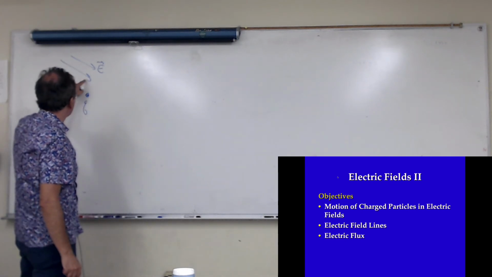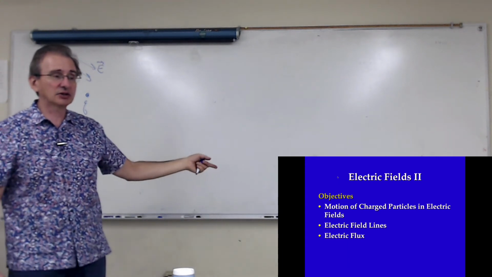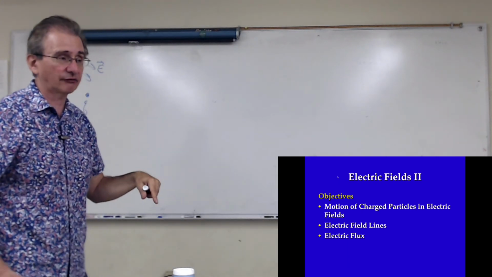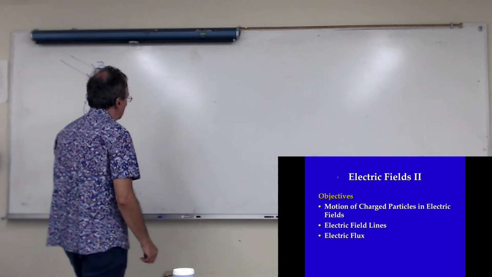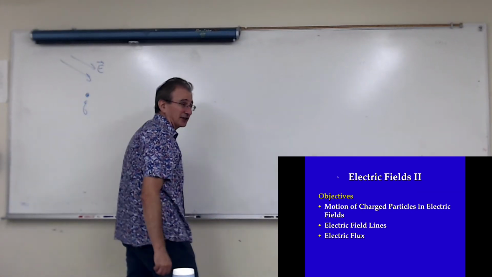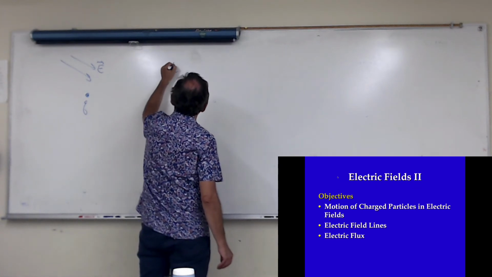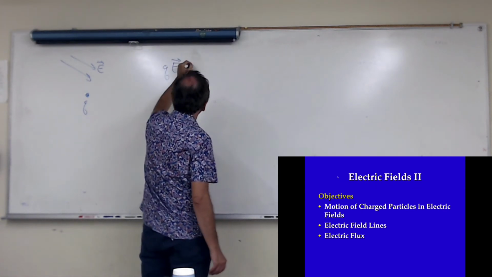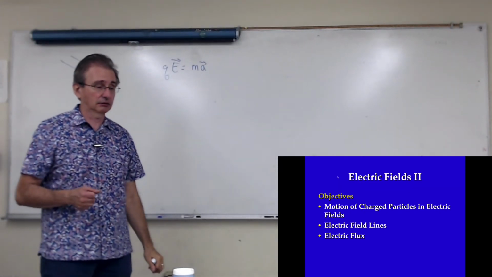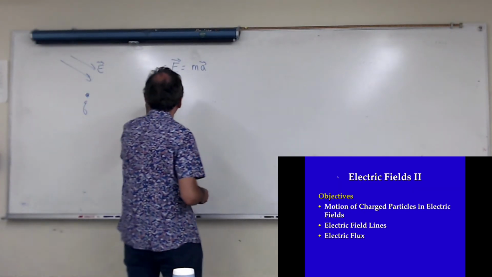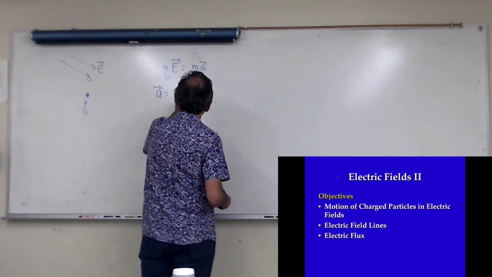The force on the object is going to point either in the direction of the field or opposite the direction of the field, depending on the sign of the charge Q. And if that's the only force acting on it, then I can apply Newton's second law. The force due to the field is QE. That's equal to ma. And so then a is QE over m.